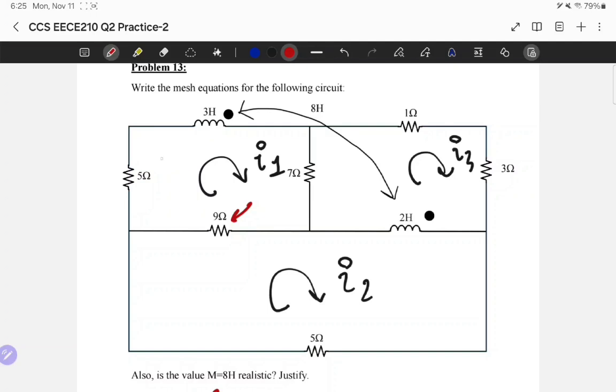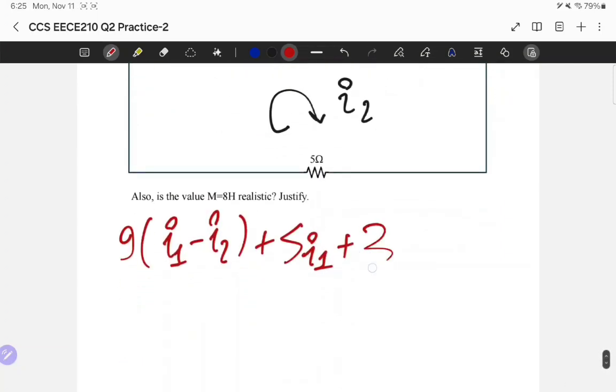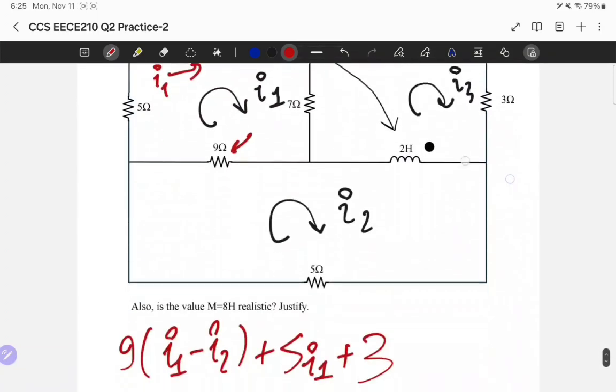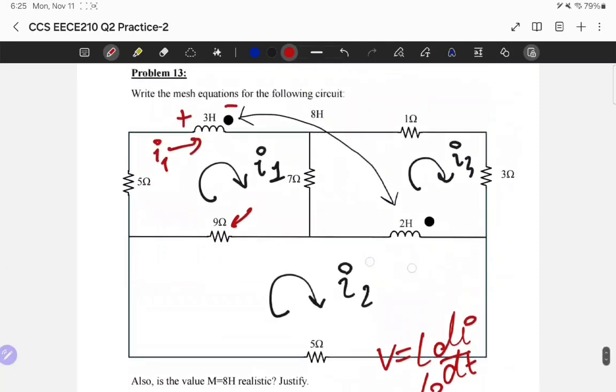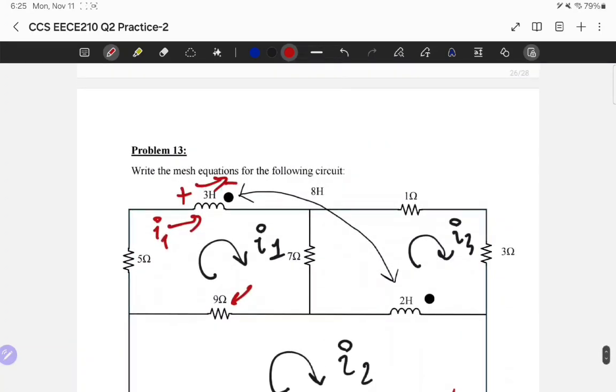Assuming passive sign convention, if current I1 enters like this, I have plus minus. So I hit plus 3 di1 by dt, which is L of the inductor, 3, times di1 by dt. Why? Because the formula is V equals L di by dt. L is 3, and di by dt, I is the current passing through the 3 henry inductor.